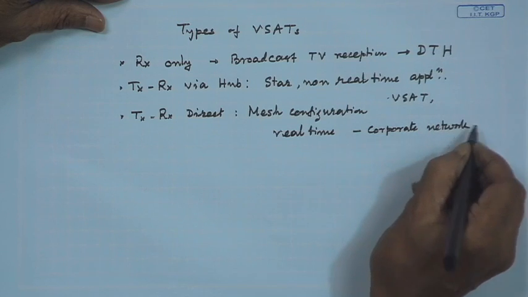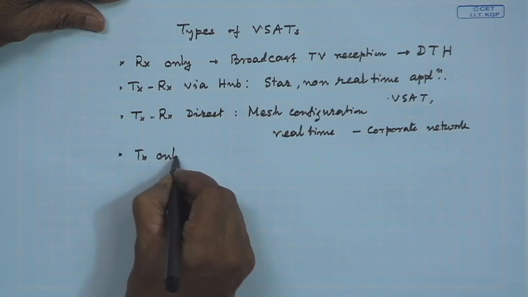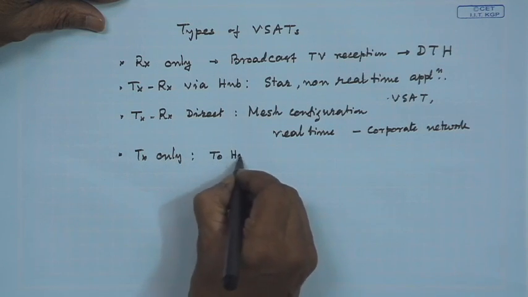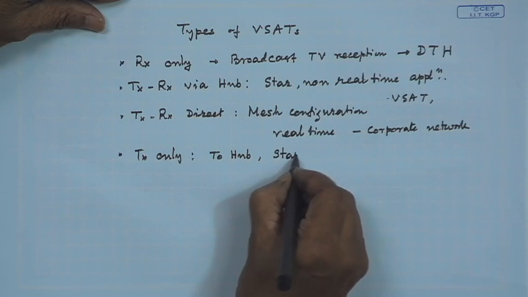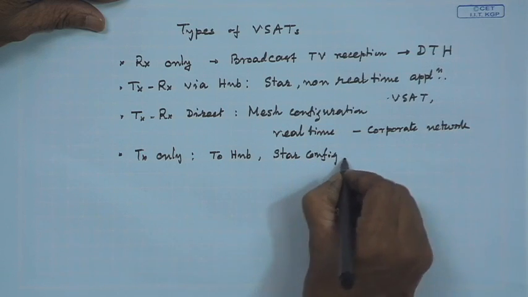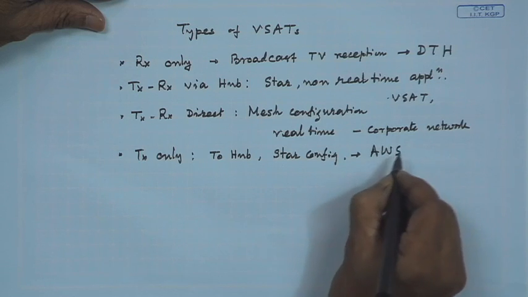where real time communication is required, and there could be transmit only, that is to hub, and it is a star configuration. Examples are automatic weather station, we explained.